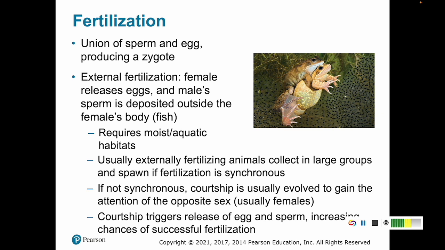Courtship will trigger the release of the egg and the sperm. So they're going through their courtship act right now, which triggers the female to release her eggs and the male to release his sperm. And that increases the chances of successful fertilization so that neither organism is wasting energy on producing sperm or eggs that don't do anything.